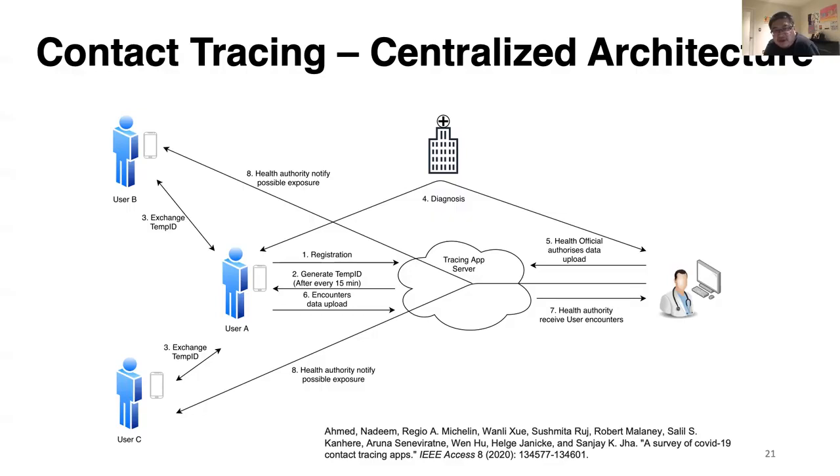Devices exchange these temporary IDs in terms of Bluetooth encounter messages when they come in close contact with each other. Once the user tests positive, they can volunteer to upload all their stored encounter messages to the central server. The server maps the temporary IDs in these messages to individuals to identify at-risk contacts.